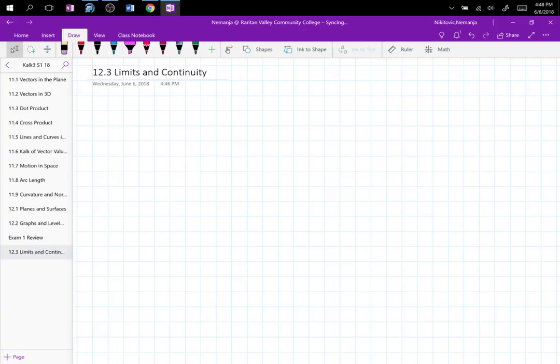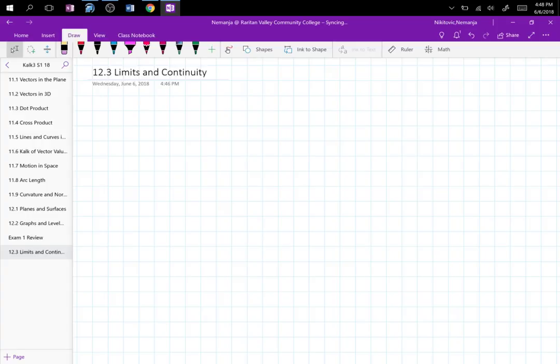Hello and welcome back to Calculus 3, section 12.3, finally, right? On limits and continuity. So far we defined the function of several variables.